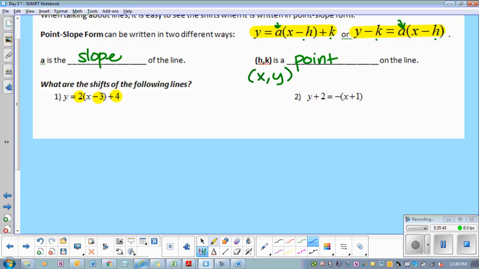What are the transformations? What does this +4 mean at the end? The plus K. Up, down, left, right? Yeah, up 4. What about this X -3? Left or right? Right 3. And what about the 2?